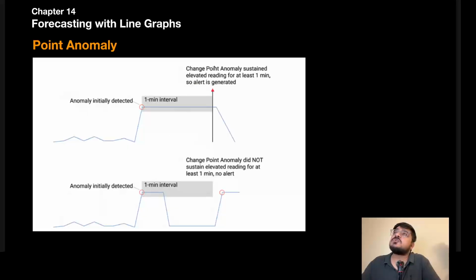This can show you that there was some problem there, that's why the graph is not changing at all. Here you can see the anomaly initially detected, then it was a flat line, but after the 1 minute interval it didn't sustain till a minute. So the change point anomaly did not sustain the elevated reading for at least 1 minute, so no alert. This is a different kind of condition you can also create.